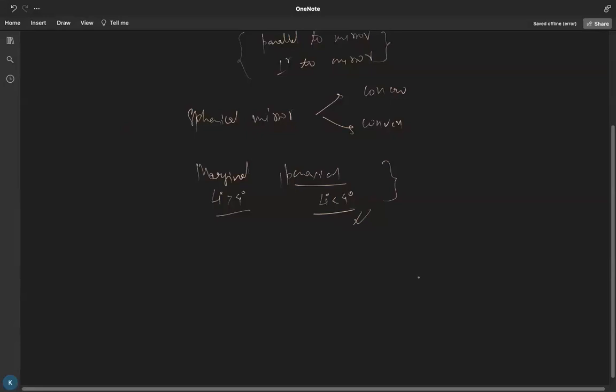Suppose this is a concave mirror and this is the principal axis. A ray of light parallel and paraxial to the principal axis intersects the principal axis at some point, which is called the focus. The distance from the focus to the pole is termed the focal length.